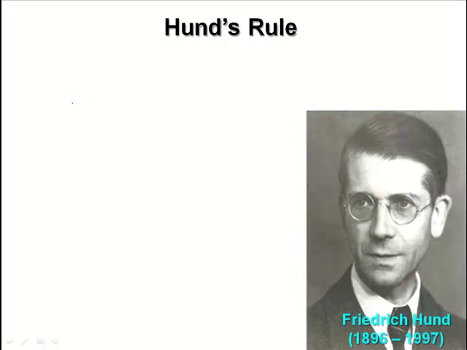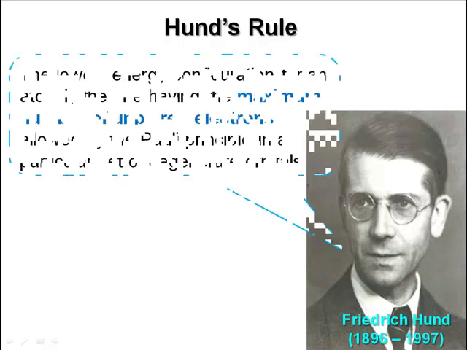Now, we've got the Pauli exclusion principle. We got the Aufbau, which means you go from the closest to the nucleus to the furthest. And we got Hund's rule. Friedrich Hund, 1997. Lived 99 years. Pretty cool.